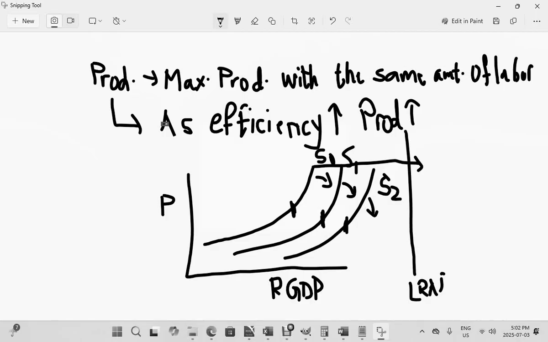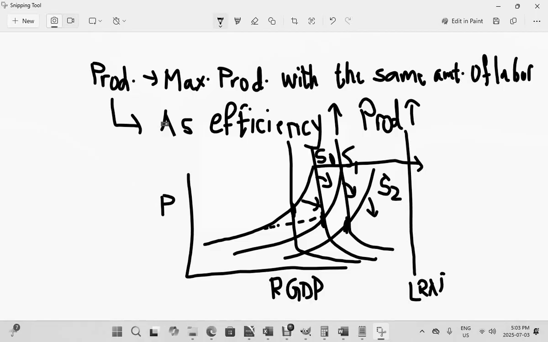This is where supply meets your aggregate demand. So let's say this is your aggregate demand. As supply meets aggregate demand at equilibrium, as productivity grows, the new equilibrium basically means that you have higher real GDP and a lower price level.